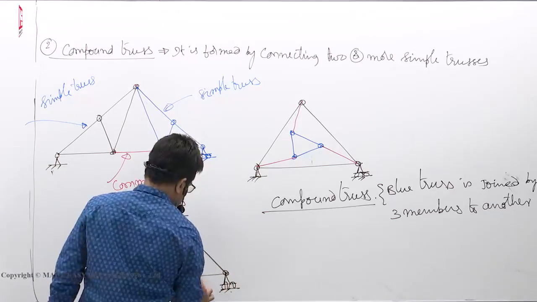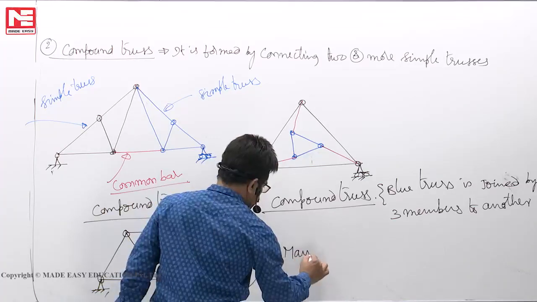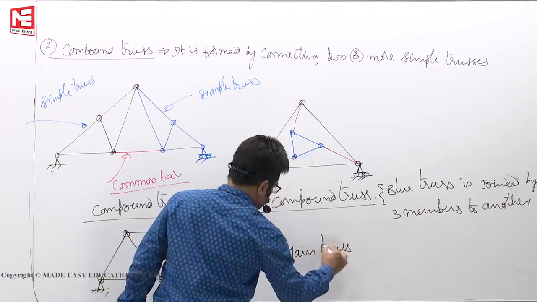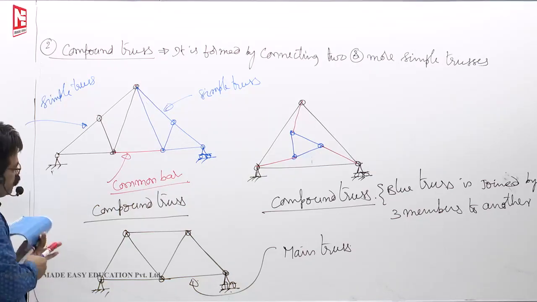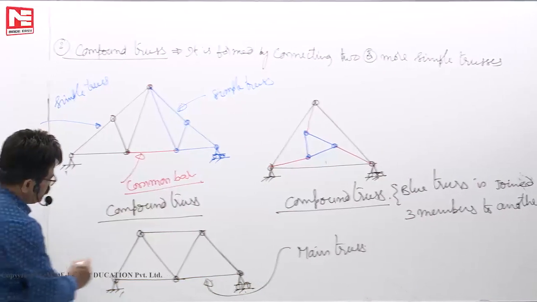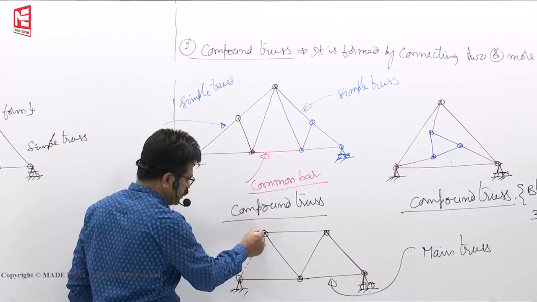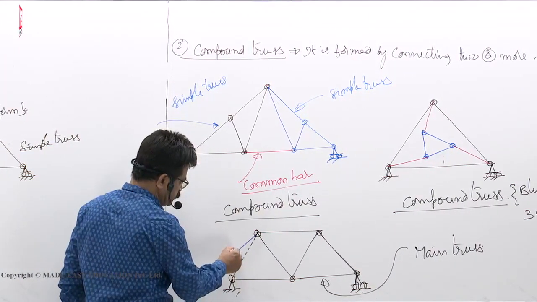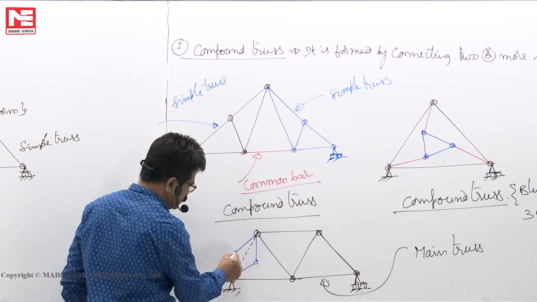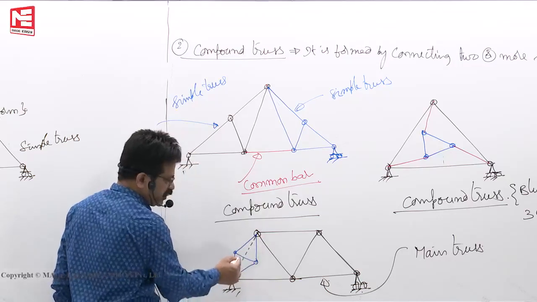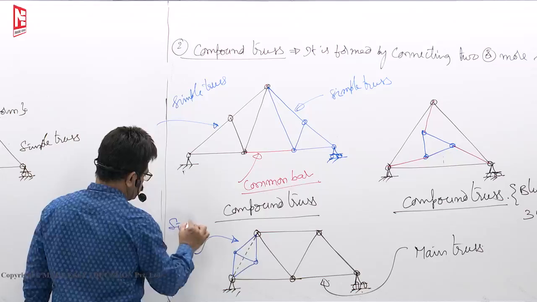Okay. This black color one is the main truss. But if it is taking too much of heavy loads, let us say, what we do is, this member we replace it by another truss like this. Another simple truss. See, one triangle, another triangle. So this blue color one is a simple truss.